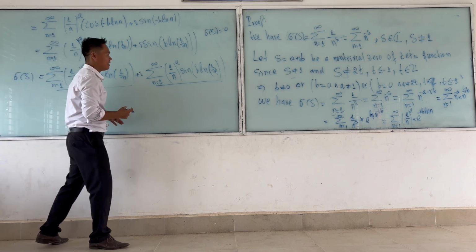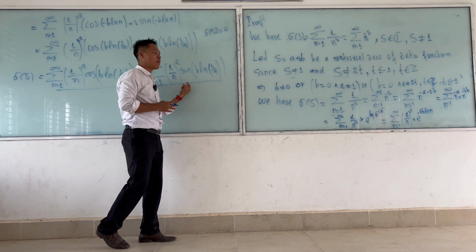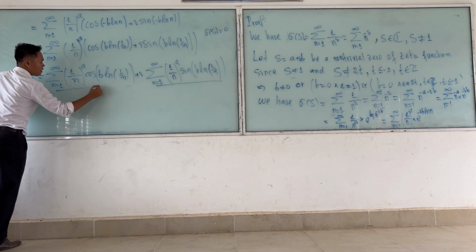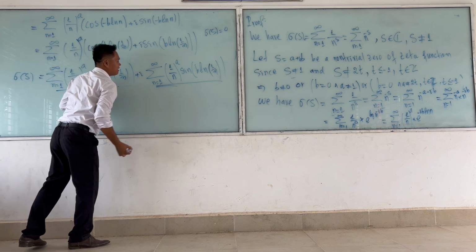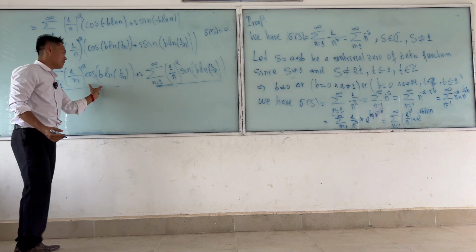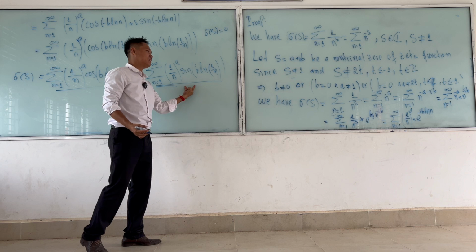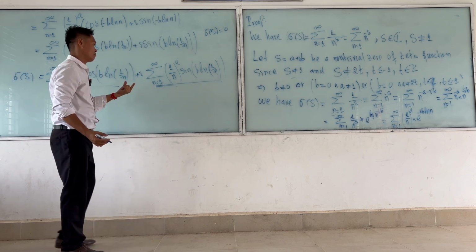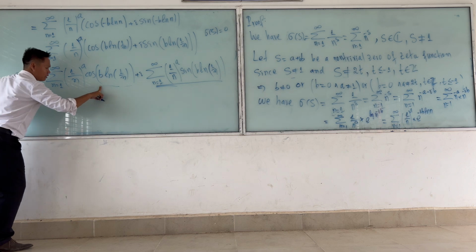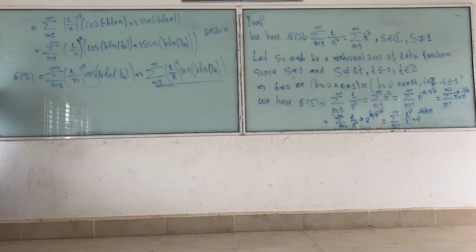Maybe this can be simplified more or can get a new form. Okay, let me find the new form of this and the new form of this, and then I will put zeta equal to 0. It means that I have to put the real part equal to 0 and the imaginary part equal to 0 also. Okay, so let's see more.